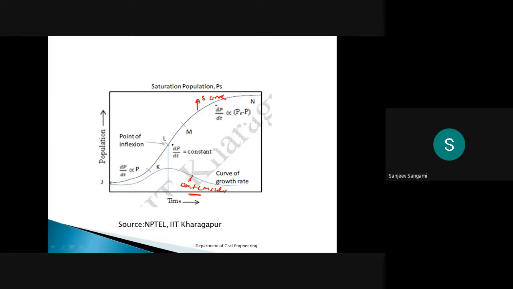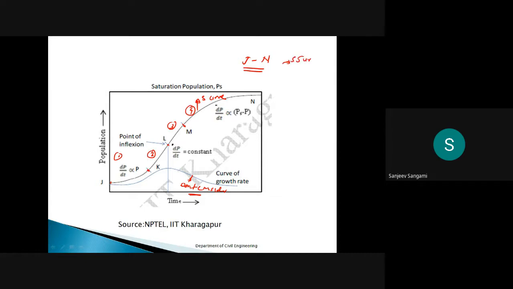From J to K you have one section, K to L another section, L to M another section, and M to N another section. So you can write it as sections 1, 2, 3, and 4. And the total curve from J to N looks like the S curve.